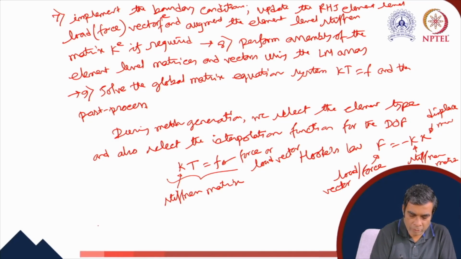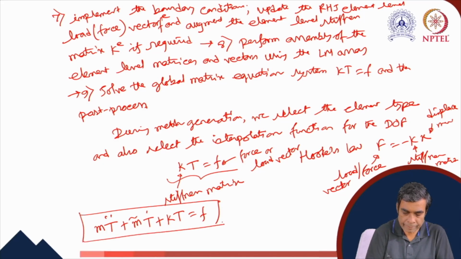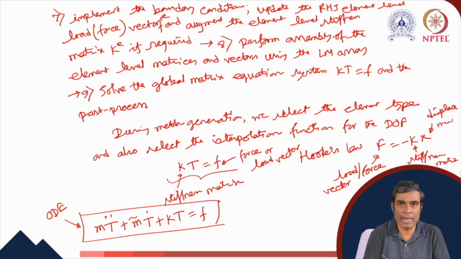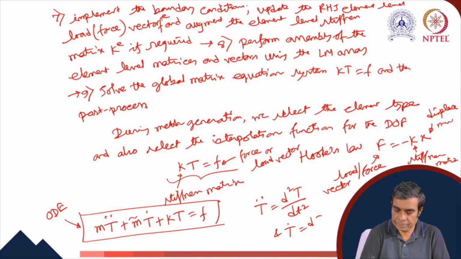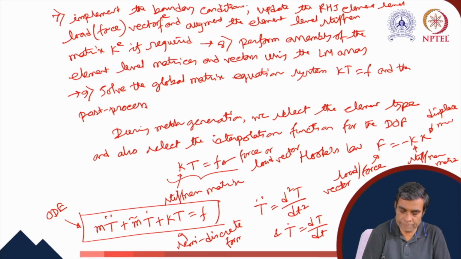That ordinary differential equation we can write as M T double dot plus M tilde T dot plus KT equals to F. This is an ordinary differential equation or ODE in time, where T double dot means d2T/dt2 and T dot means dT/dt. This kind of form is known as the semi-discrete form of the strong form.